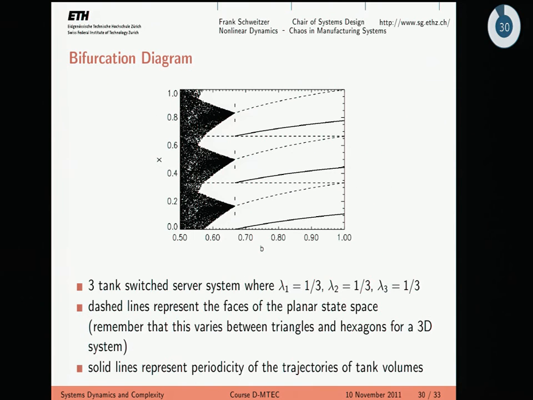And these are the bifurcation diagrams. This is your control parameter B, the capacity. This is the level of the liquid in each of the 3 buffers. So if the capacity is 1, the first buffer would start getting emptied when its level of liquid is 0.1.